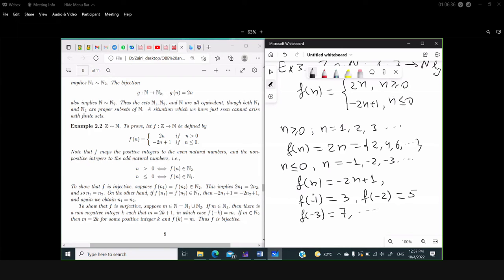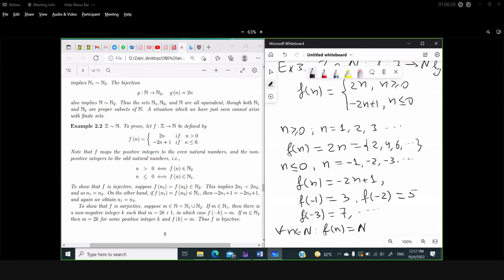So look, here we have all the even numbers, and this one gives all the odd numbers. Therefore this f function actually gives what? All of the natural number set N.